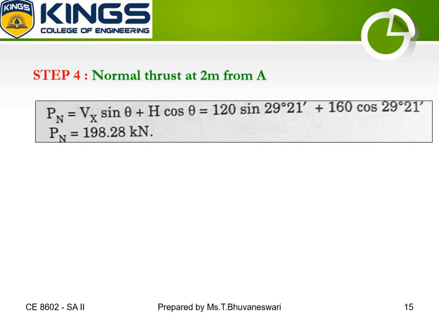In the previous step I found the values of Vx and H. So by substituting Vx, theta and H, we can find the normal thrust as 198.28 kilonewton. As the problem asked, we have found the radial shear, bending moment and normal thrust at 2 meter from the left hand support.